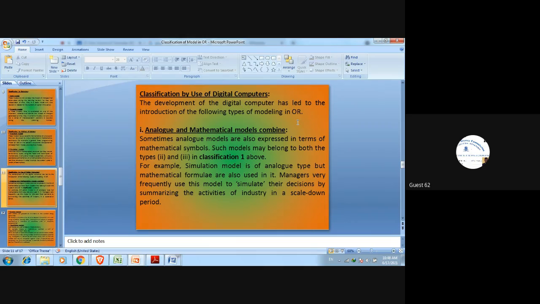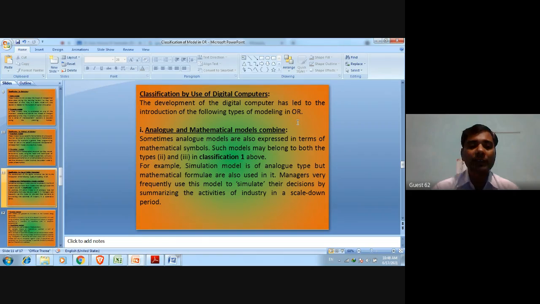Simulation is also a technique in operations research. Simulation is a technique in which we use graphs as well as mathematical formulae. Managers very frequently use this model to simulate their decisions by summarizing the activities of industry in a scaled down period.